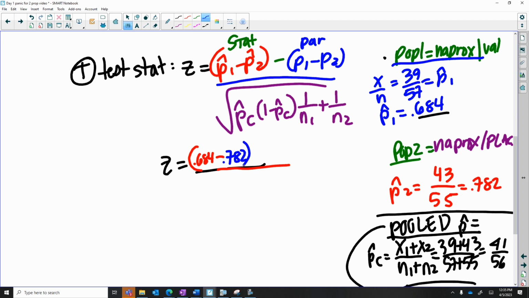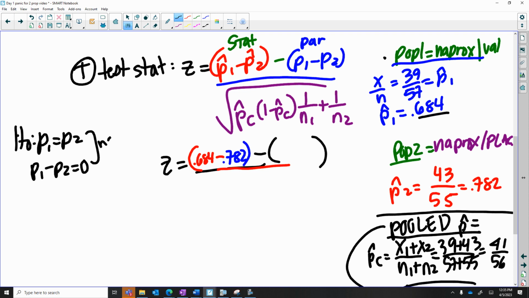Now, for p1 minus p2, what are we going to put here? We didn't know the true proportion of people who take naproxen or Valium at all. But you know what we do know? Our null hypothesis was that p1 equaled p2, or that there was no difference between the two. So where it says p1 minus p2, you know what we put? 0. Because you're assuming that the difference between the two is 0 in your null.